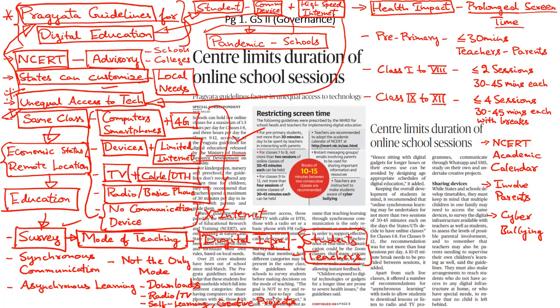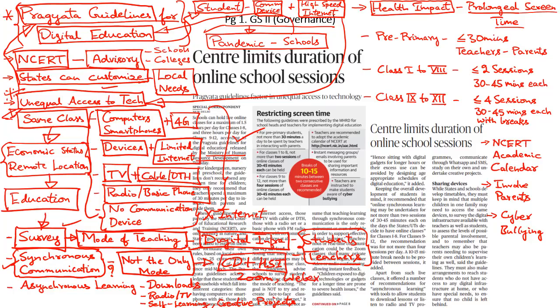The Pragyata Guidelines points out that schools should not assume that synchronous communication is the only available mode of teaching. What is synchronous communication? It is nothing but face-to-face learning through online platforms such as Zoom, WebEx, etc. The guidelines clearly point out that synchronous communication is not the only mode that is available to teach students, because in case of synchronous communication, both the students and the teachers need to have access to the right communication device with access to high-speed internet.